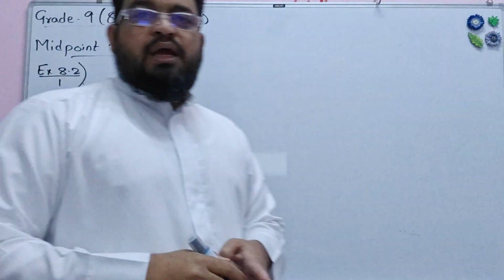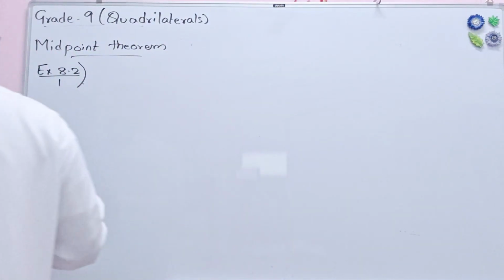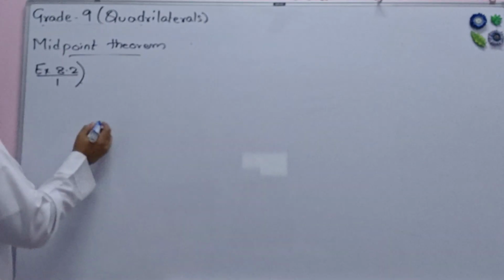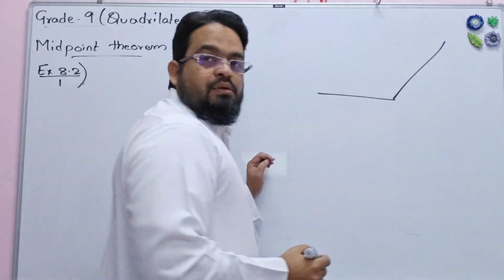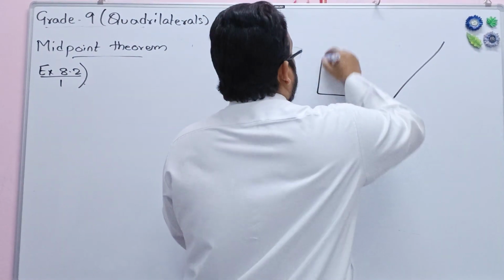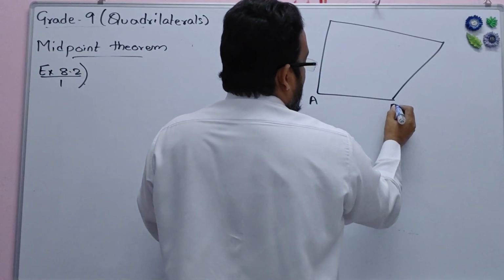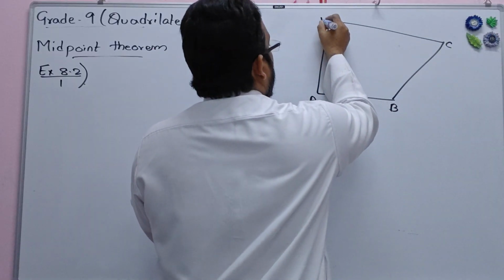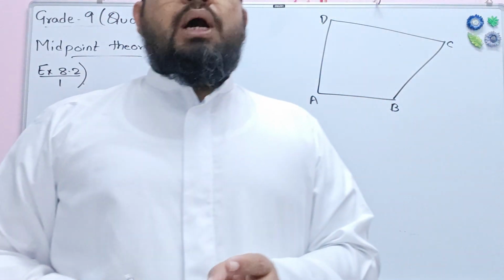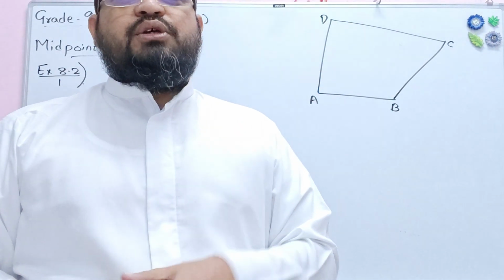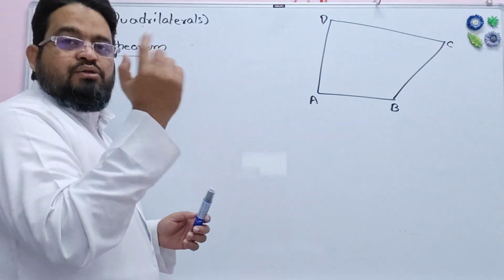So let us see. ABCD is a quadrilateral. Okay, let me draw the quadrilateral over here. So this is A, B, C and D, a quadrilateral in which P, Q, R and S are the midpoints of AB, BC, CD and DA respectively.